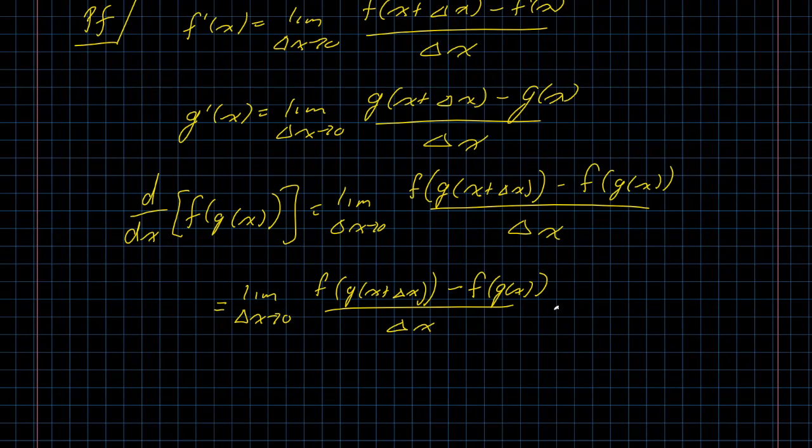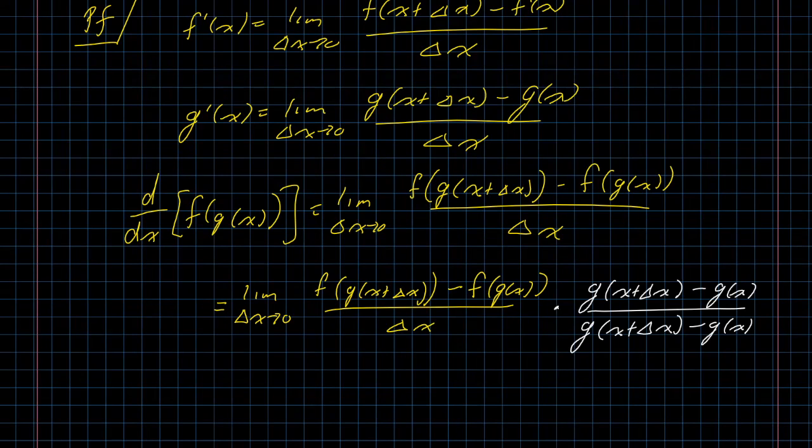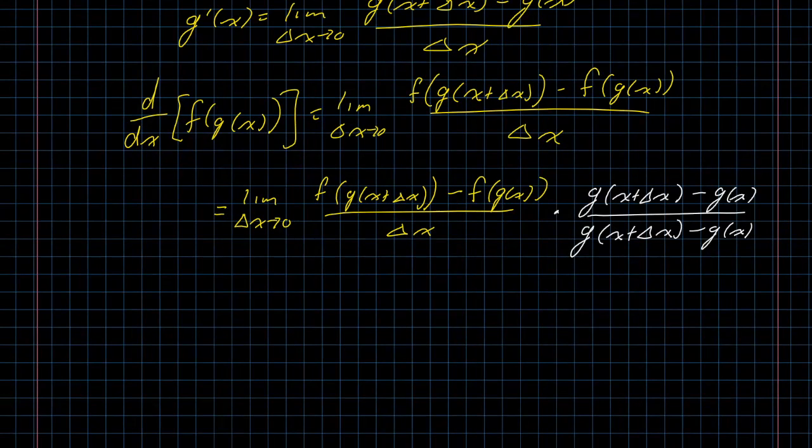In this case, I'm going to introduce that complexity by multiplying and dividing by g of x plus delta x minus g of x, which is defined, right? Right here, we are talking about it. We know we can work with it. And we know that multiplying and dividing by the same thing is multiplying by 1, which doesn't change anything at all.